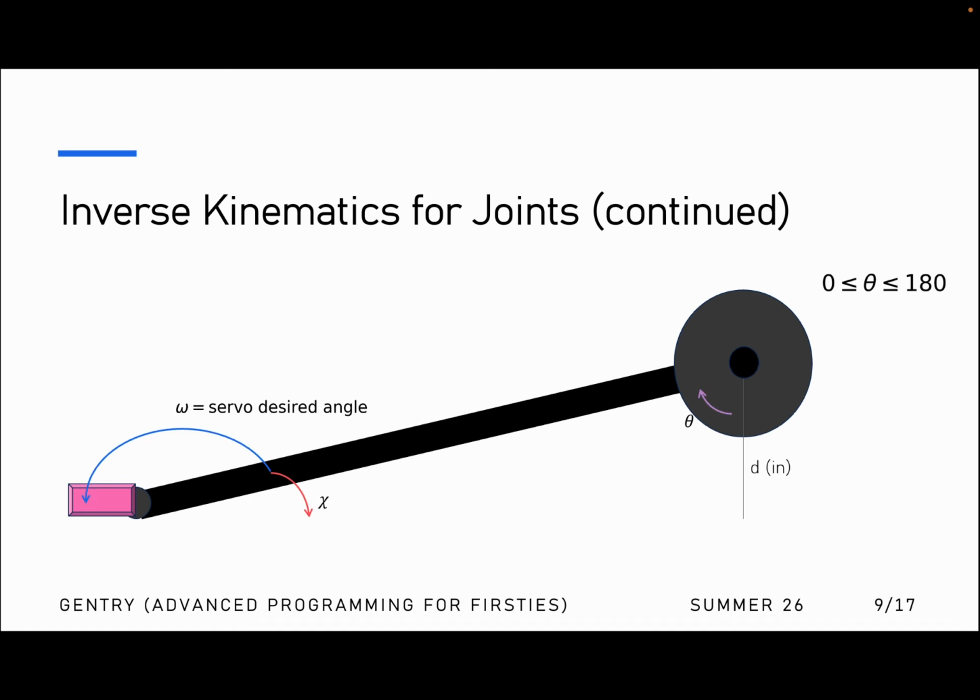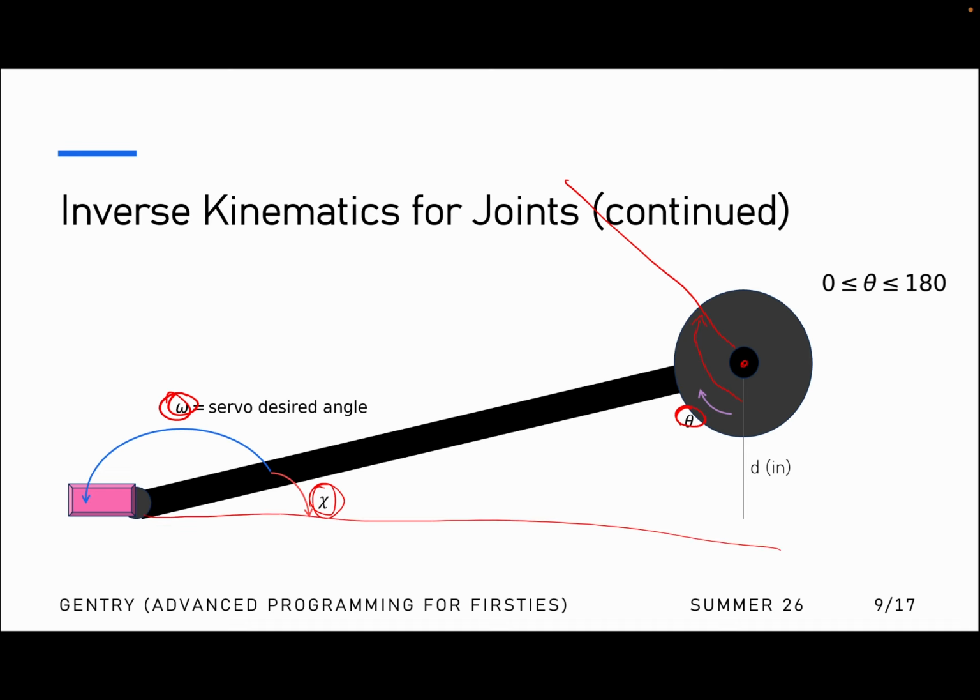So going into more of the math, right? We have our chi right here, our omega, and our theta. Our theta is the rotation from the D line of our arm. So that is measuring, like if it was up here, if we're pointed up, it would be bigger than it is now. This chi is our other angle.